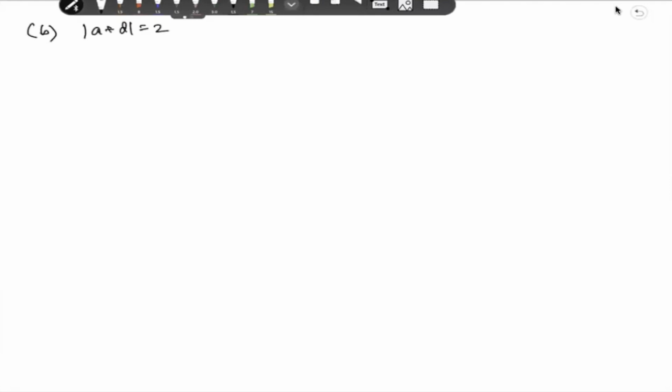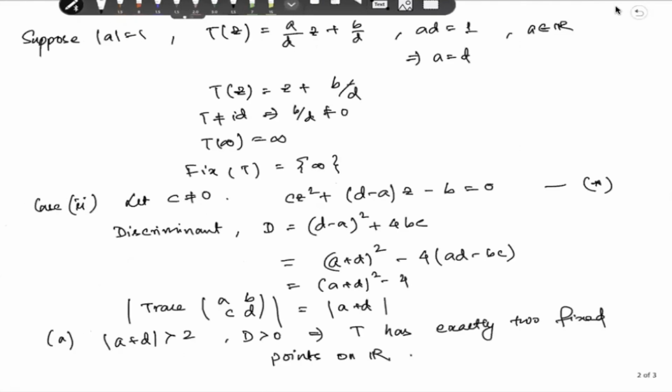This will show that the quadratic equation has 2 equal real roots.